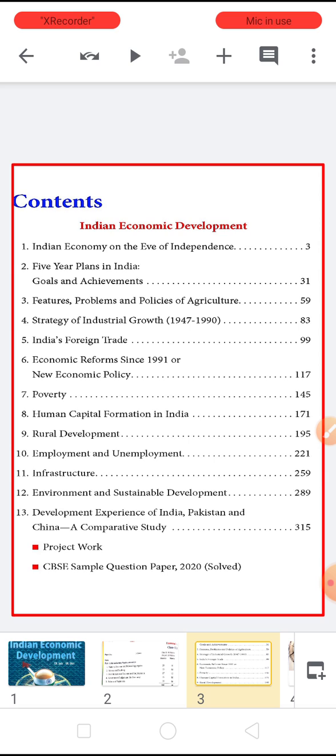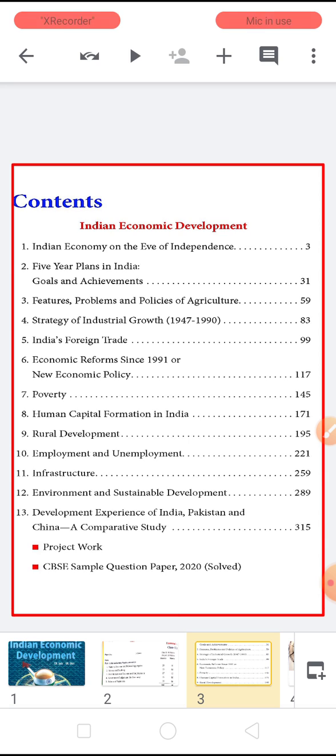Next is the features, problems and policies of agriculture. Next is the strategy of Indian growth, from 1947 to 1990. Next is Indian foreign trade. Thereafter is the economic reforms since 1991.